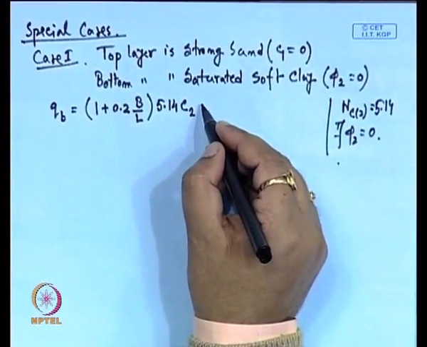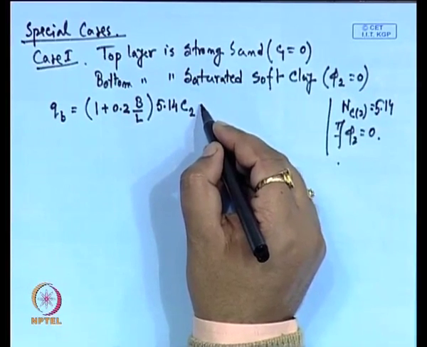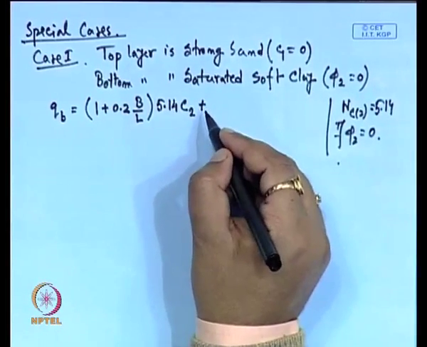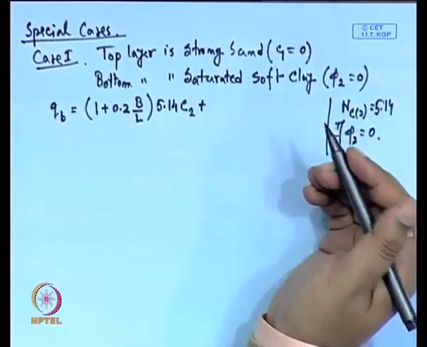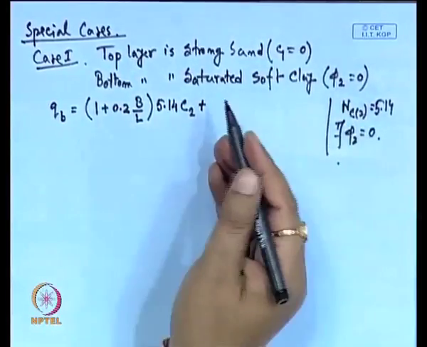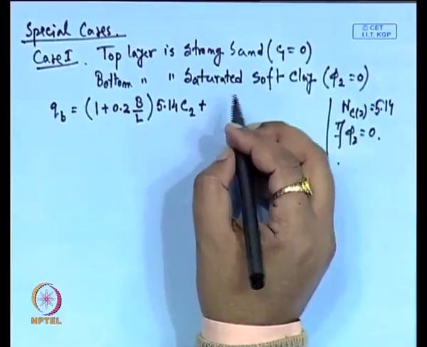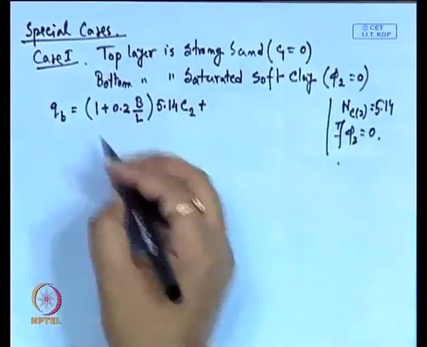And again Nq is also 1 and N gamma part will vanish if phi is equal to 0, that we know, because these are common things for all the cases.